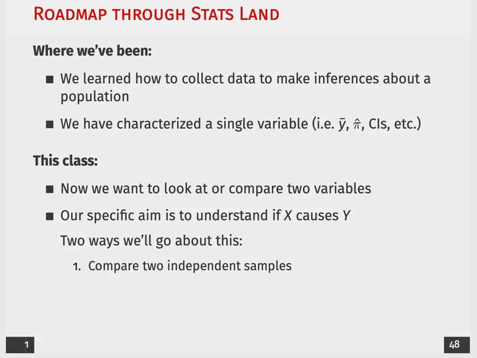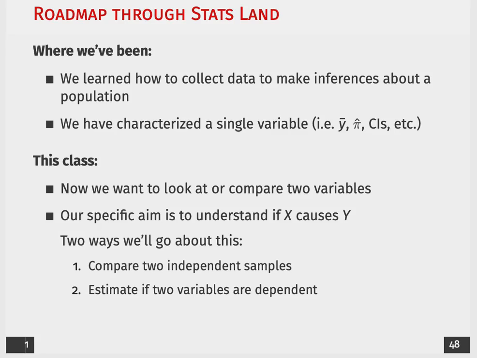We're going to compare two independent samples, and importantly, the requirement here is that there's some sort of randomization of a given treatment, and we'll be really harping on causality and experimental design.